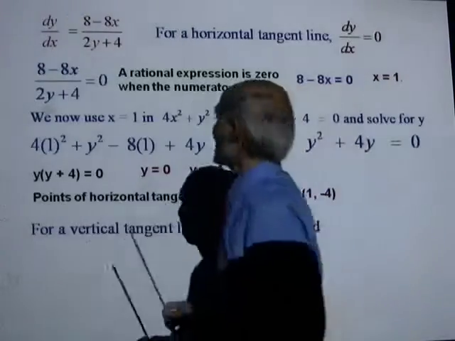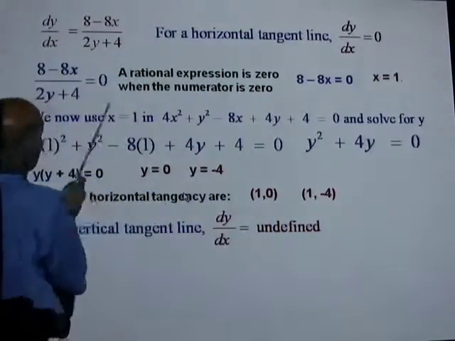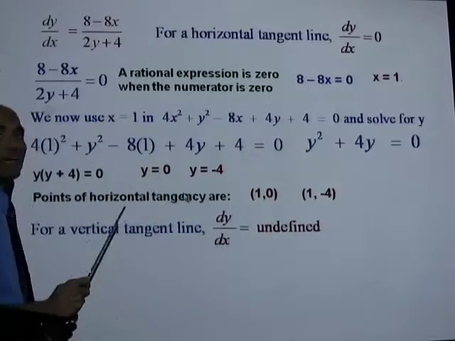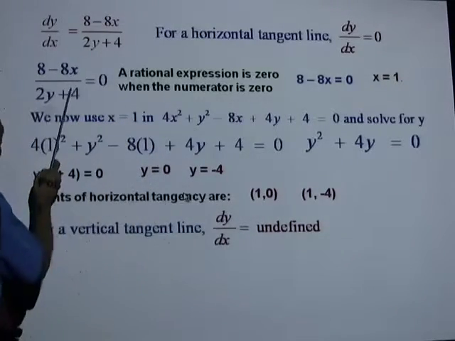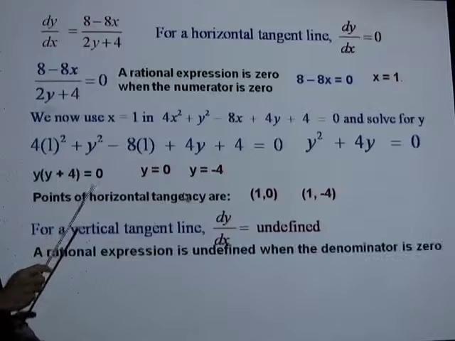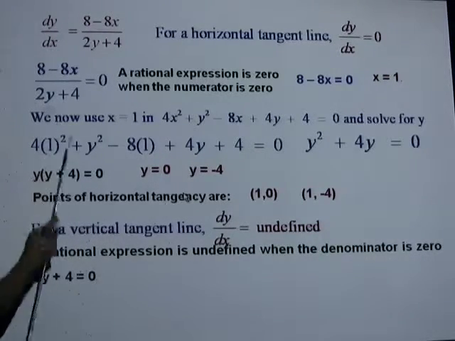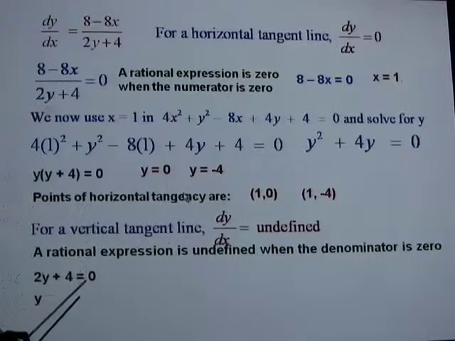How about vertical tangents? The vertical tangency occurs when dy by dx is undefined, and that happens when the denominator is 0. And so we take 2y plus 4 and set it equal to 0, and that gives you y equal to negative 2.